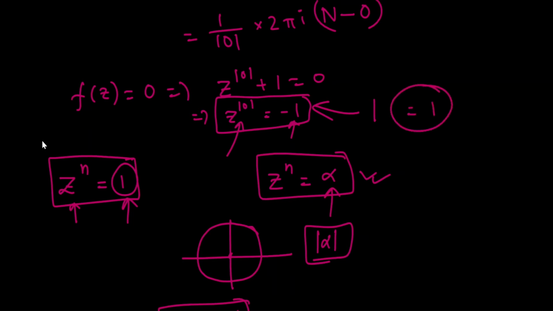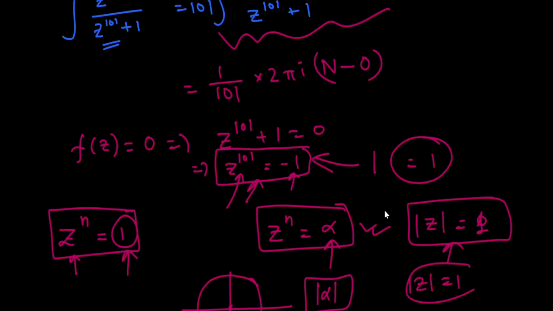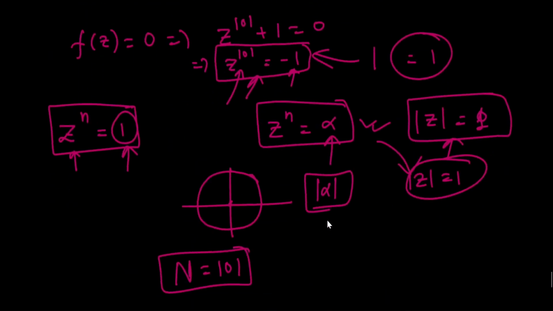Therefore the roots of this function belong to the circle of radius 1 with center at the origin. In the question, the circle is of radius 2 with center at the origin, which already covers mod z equal to 1. So the zeros lie in a circle which is a subset of the given circle. Therefore the total number of zeros is 101.